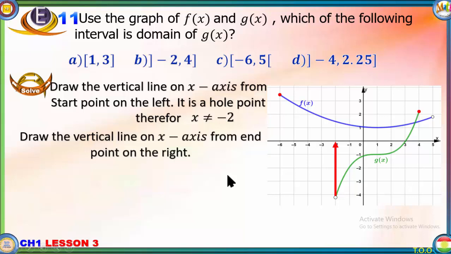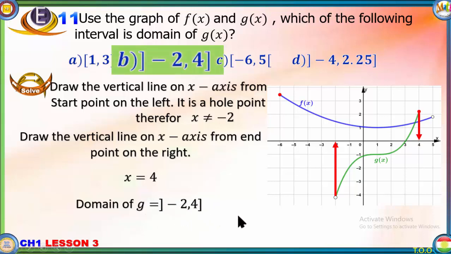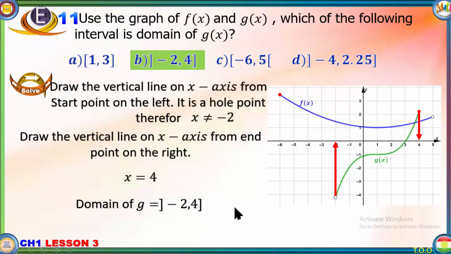Then draw another vertical line to the x-axis from the end point on the right and read the value of x, which is 4, therefore x is equal to 4. The domain starts from minus 2 to 4, but minus 2 is open. The domain of g is (minus 2, 4], here is open and here is closed. The correct answer is B.